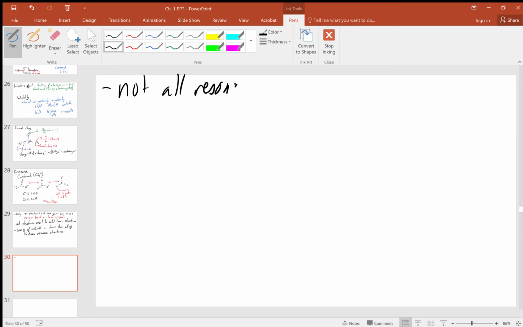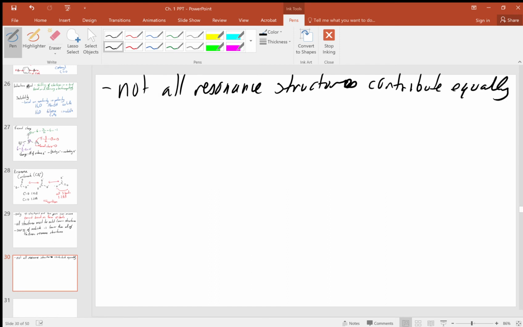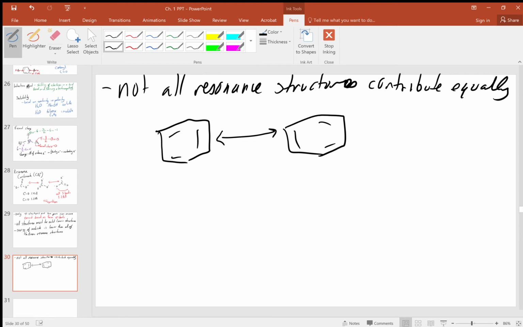Not all resonance structures contribute equally. So while every resonance structure that we can draw does contribute to the overall picture of the molecule, they're not always going to be equal. For example, here's benzene. The first two structures that I'm drawing do contribute equally.